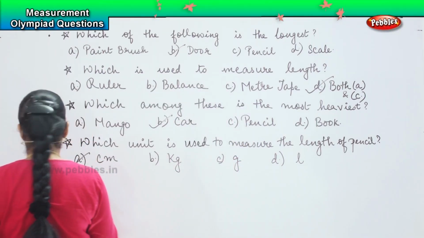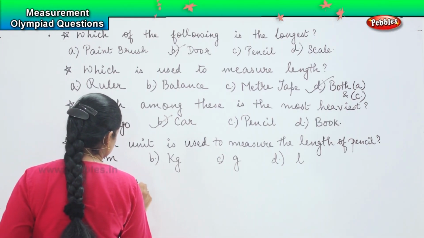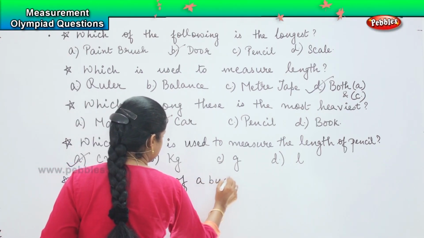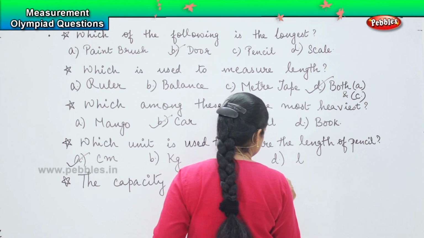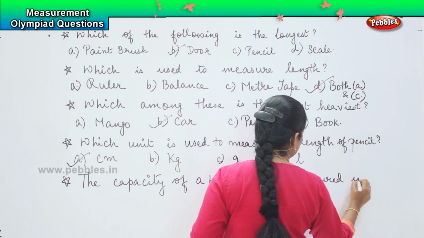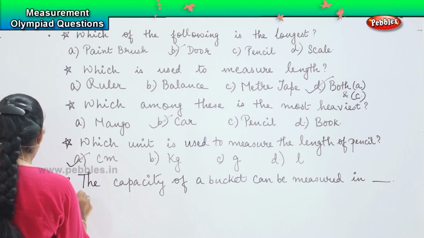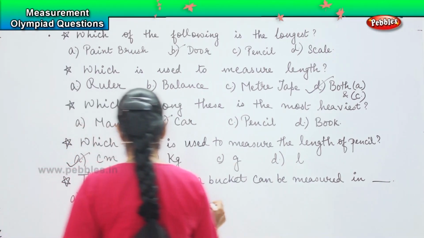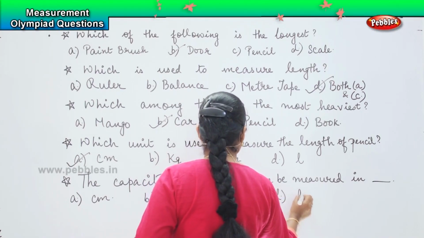Okay, so here comes your next question. The next question asks, the capacity of a bucket can be measured in dash. Okay, and your options are A centimeter, B gram, C kilogram, and D liter.